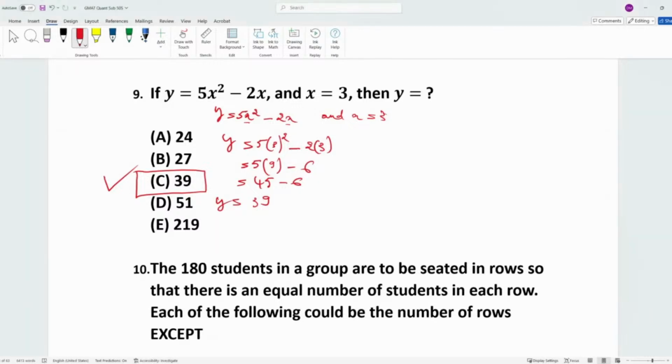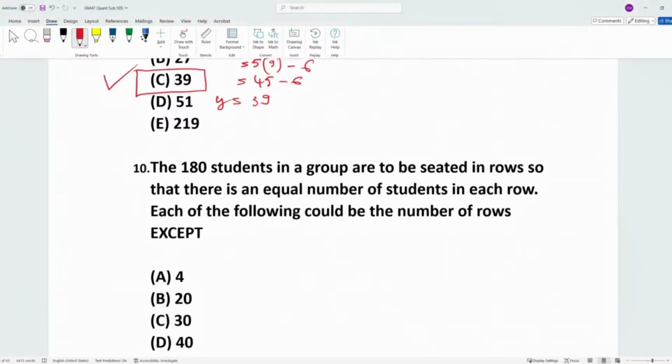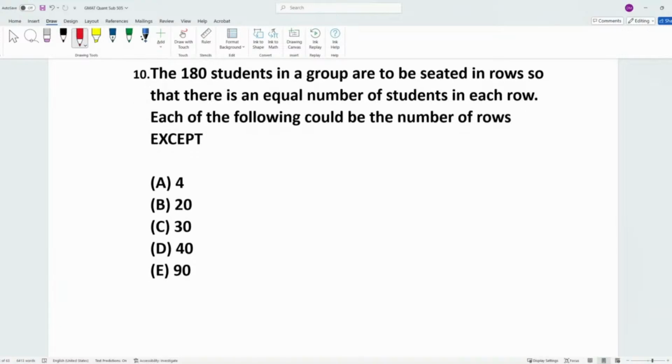Next question. It says the 180 students in the group are to be seated in rows so that there is an equal number of students in each row. Each of the following could be the number of rows except.